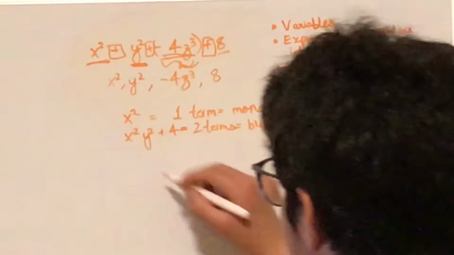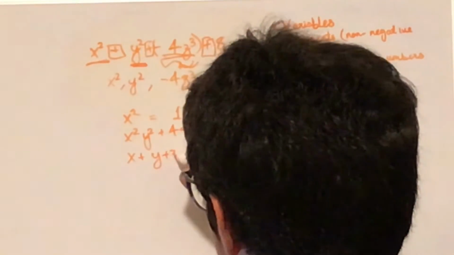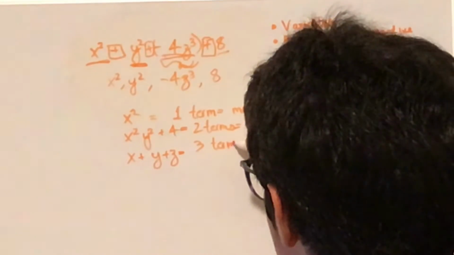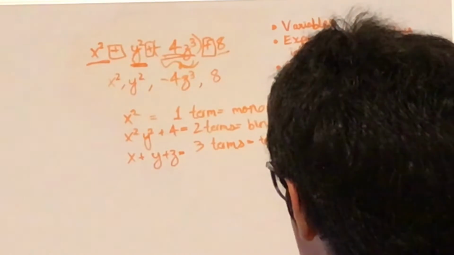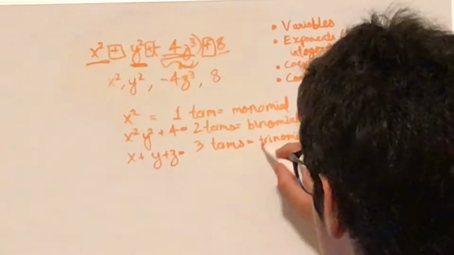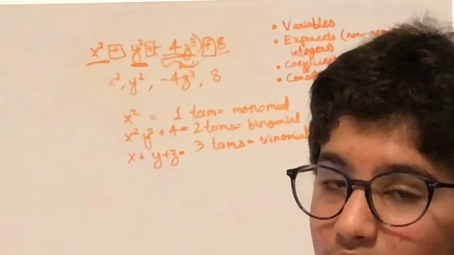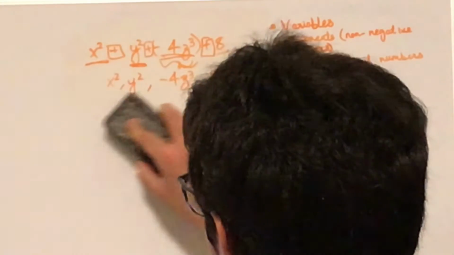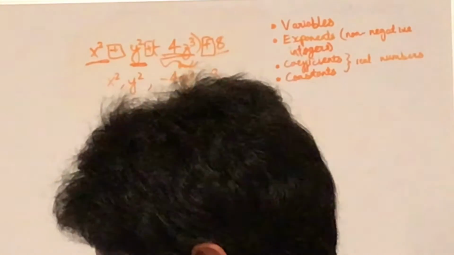And with x plus y plus z, we have three terms, x, y, and z, so this is a trinomial. Tricycle, it means three. Anything more than that is just a polynomial, because they don't have specific names for any other. So with four or more terms, it's just a normal polynomial.